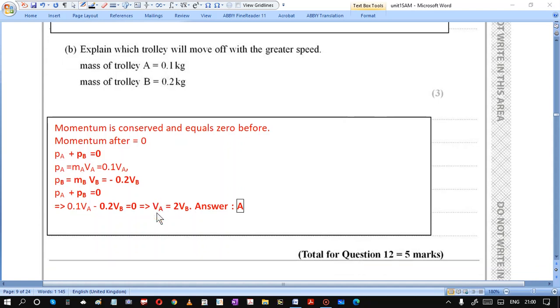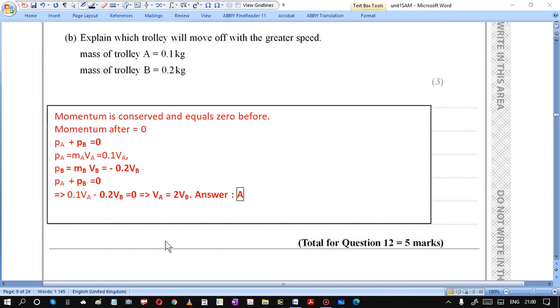Explain which trolley will move off with the greater speed. Mass of trolley A equals 0.1, mass of trolley B equals 0.2. Momentum is conserved and equals 0 before, and momentum after will also be 0. So momentum equals momentum of A plus momentum of B. Momentum of A is given by mass times velocity.